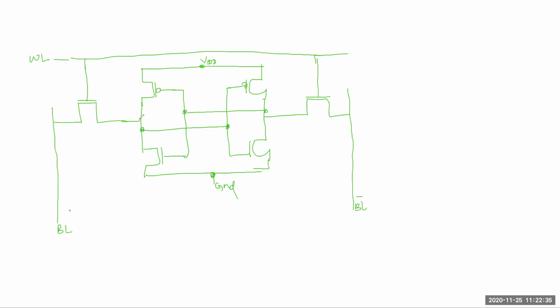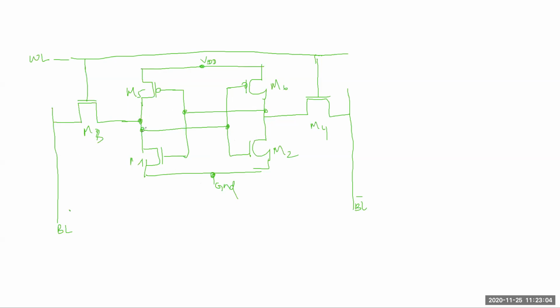This is M3, M4, M1, M2, M5, M6. In your Kang book, your figure is exactly in this format. That's why I'm giving it this way, so it will be easy for your reading.